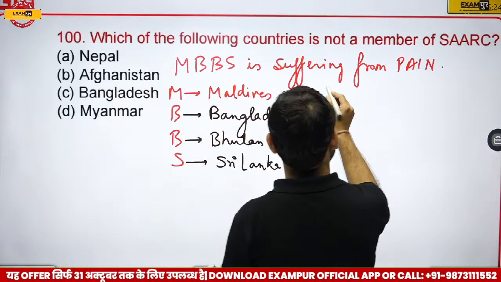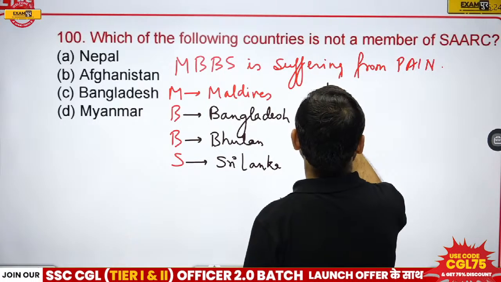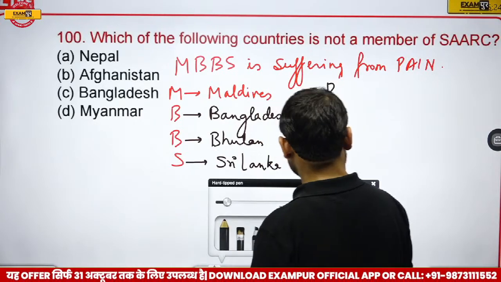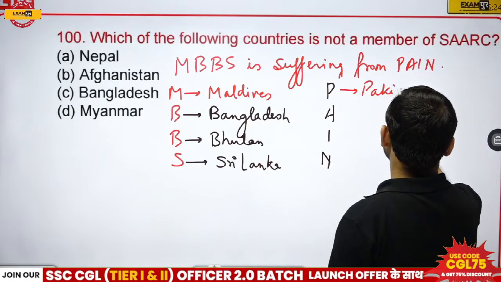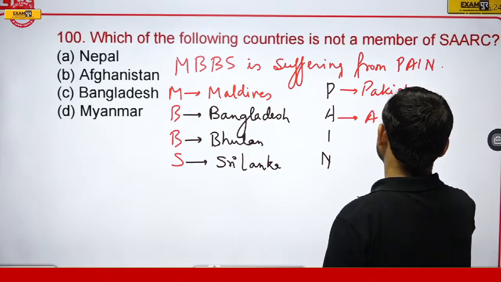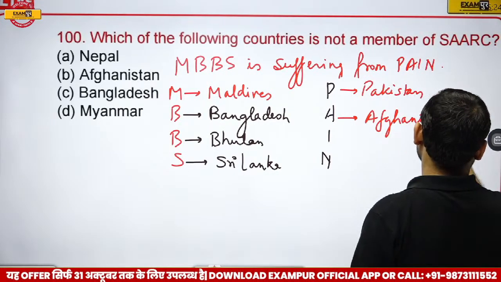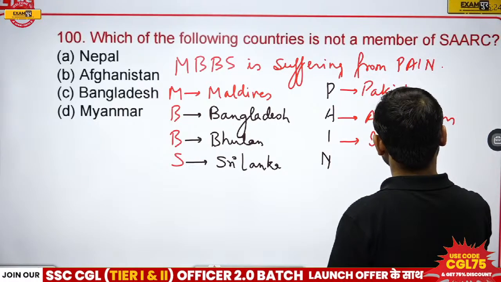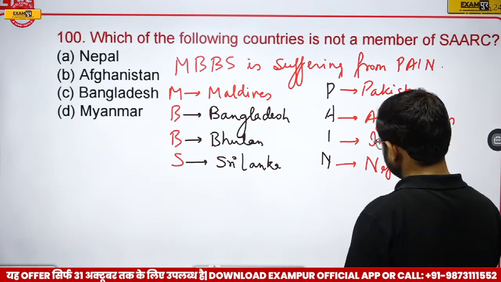And when we talk about pain: P for Pakistan, A for Afghanistan, I for India, and N for Nepal.